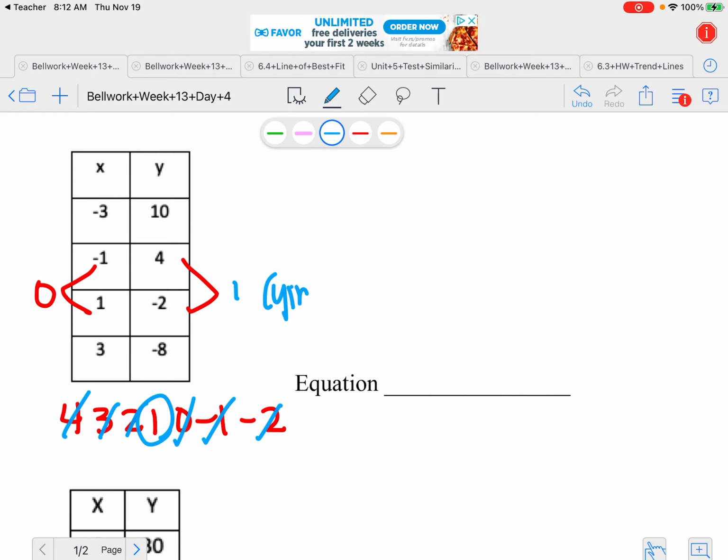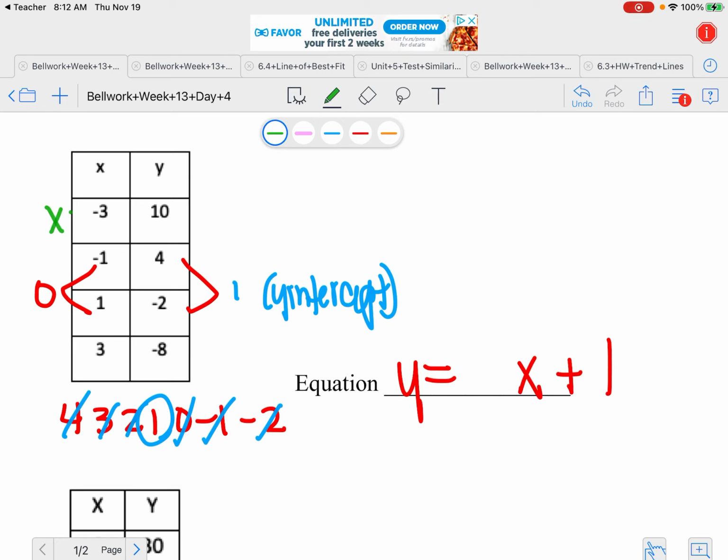So now I know that my y-intercept should be positive 1. I could start my equation. y equals something x, and now I know that the y-intercept is positive 1. Then I can take my values for x and y, have my first and second.